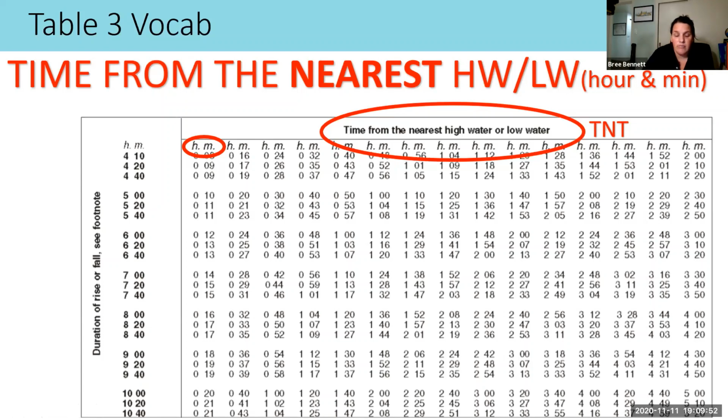I go across this table. I have 6 hours, so I know I'm going to be somewhere along this line. I follow this line until I get my 2 hours. Here is my 2 hour mark: 2 hours, 0 minutes.